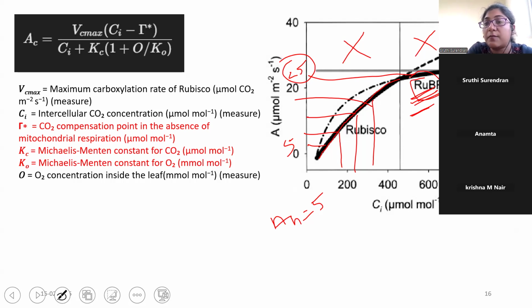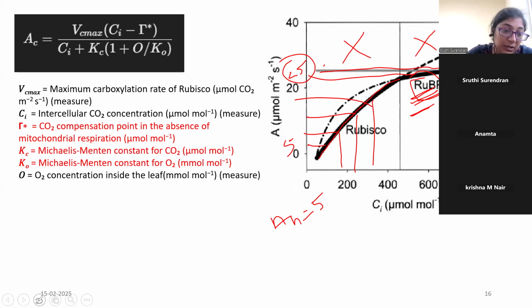Similarly, if you get this value of photosynthesis, we know that at this phase it is impacted by the TPU rate, so photosynthesis is being controlled by triose phosphate utilization at this level of net photosynthesis. So from the curve, we can get all of this information.